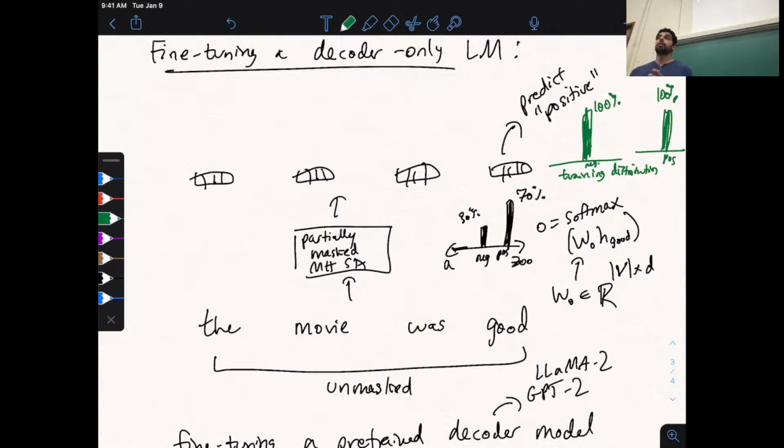So if you fine-tune your model with, say, 20,000 examples where the target is either 100% negative or 100% positive, the model is never reinforced to put any probability on any other token. And so just by gradient descent, it will learn that these are the only two possible options. And you can actually see that behavior emerge when you look at the fine-tuning dynamics. After some point, there will just be very, very little probability elsewhere.